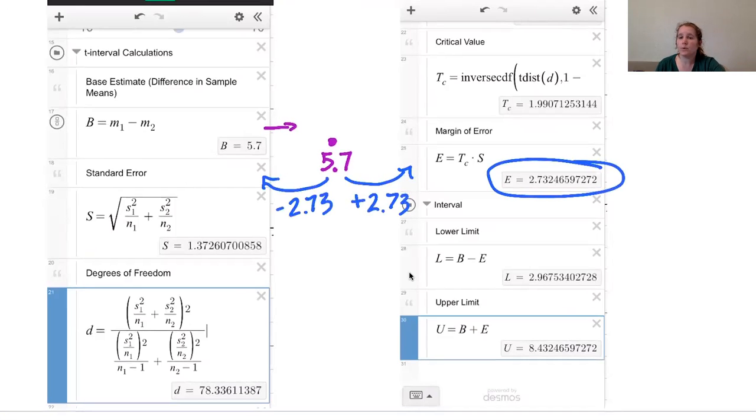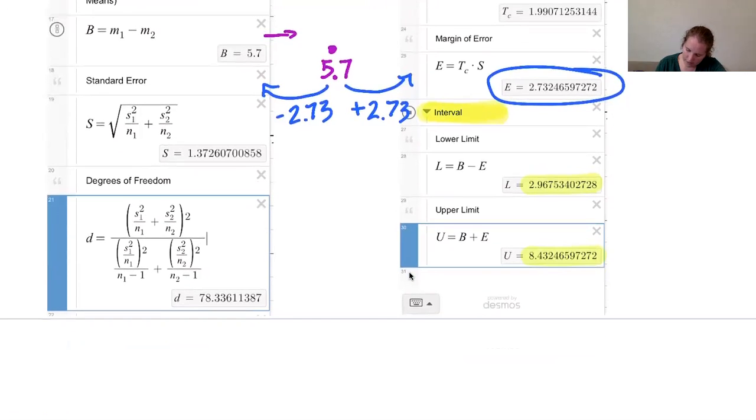I'm just showing you what was going on in the background of all of these calculations. That should land us precisely on our 2.96, or 2.967, and our 8.432. So our interval itself, this is the left end and the right end of our interval.